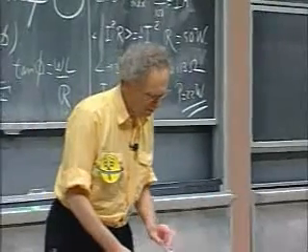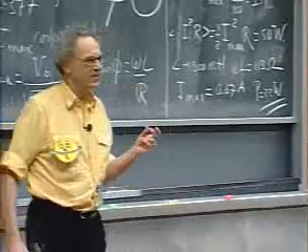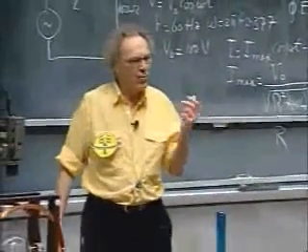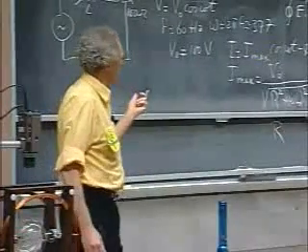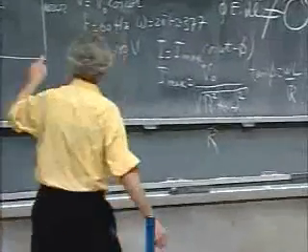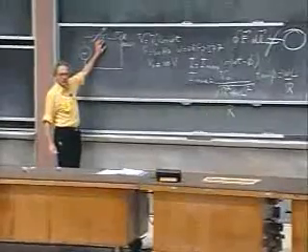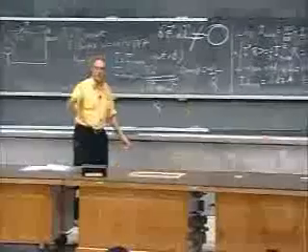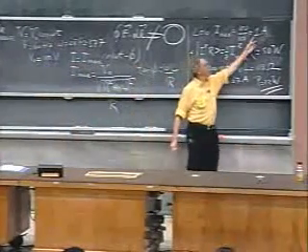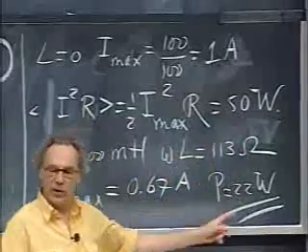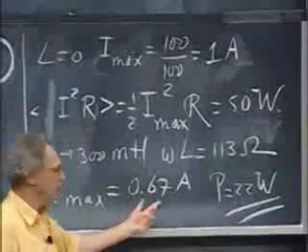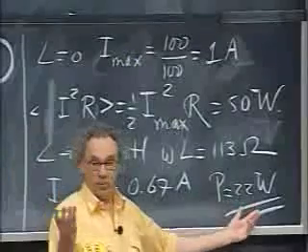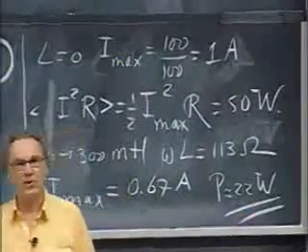Now, a very deep, maybe nasty conceptual question. Why would one want to build a light dimmer with a self-inductor? Why not put here a variable resistor and then turn up the resistor, so that when the resistor is 0, the current is 1 ampere, so you get 50 watts, but then you increase that resistor so that the current goes down to 0.67 amperes, and then the light bulb will dissipate 22 joules per second.